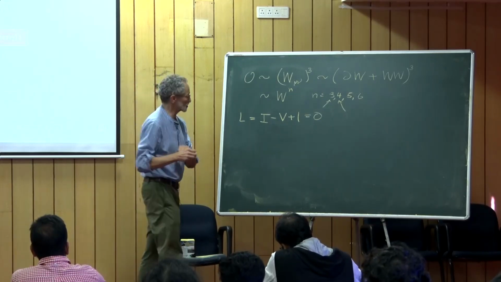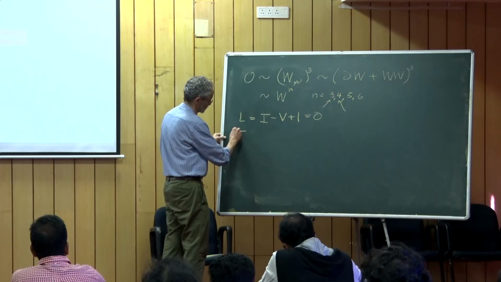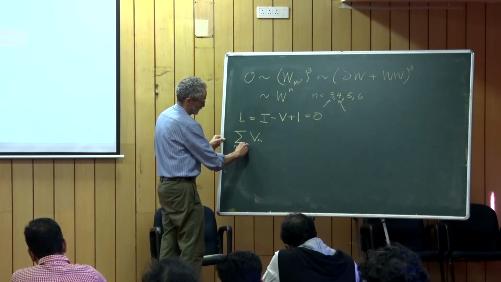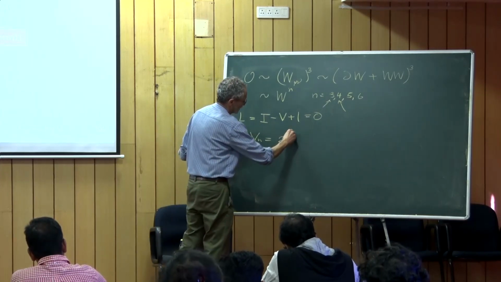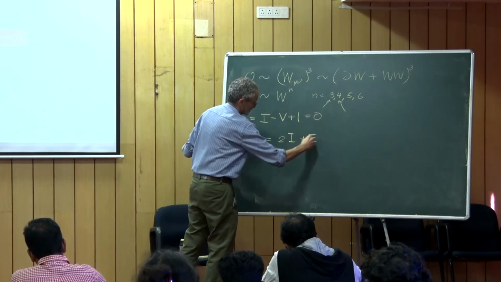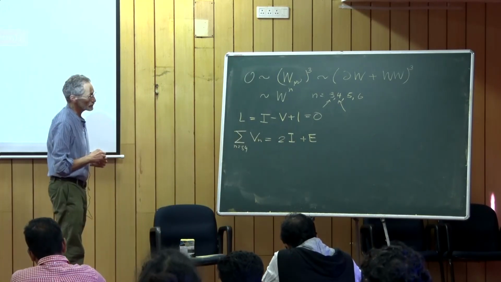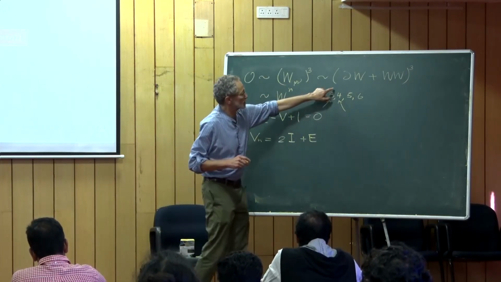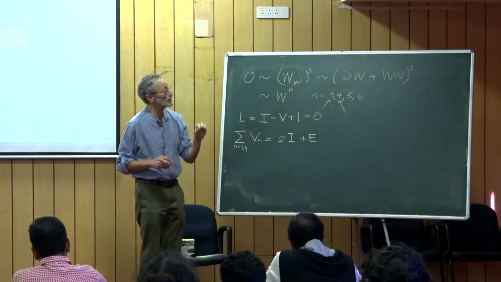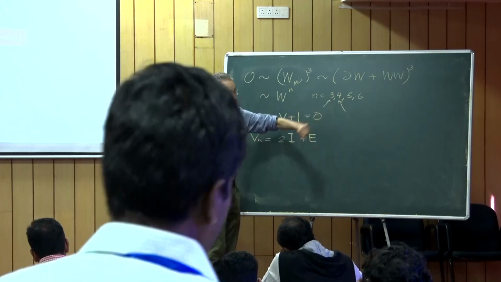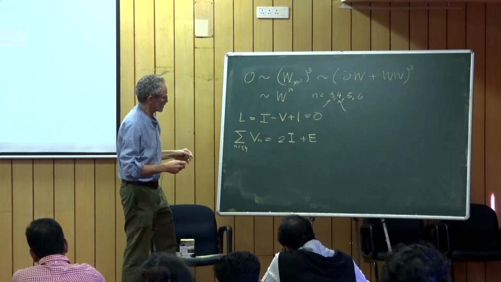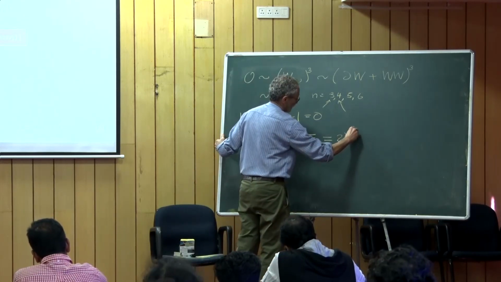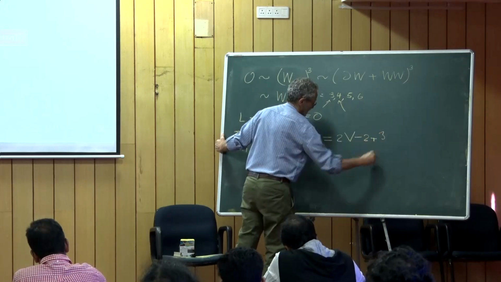There is yet another topological relationship that says the sum of the vertices with n legs times n is equal to twice the internal lines plus the external lines. The external lines are 3 for this case, since I'm looking at generating at tree level an object that has 3 external W legs. And I is equal to V minus 1, so I have 2V minus 2 plus 3.